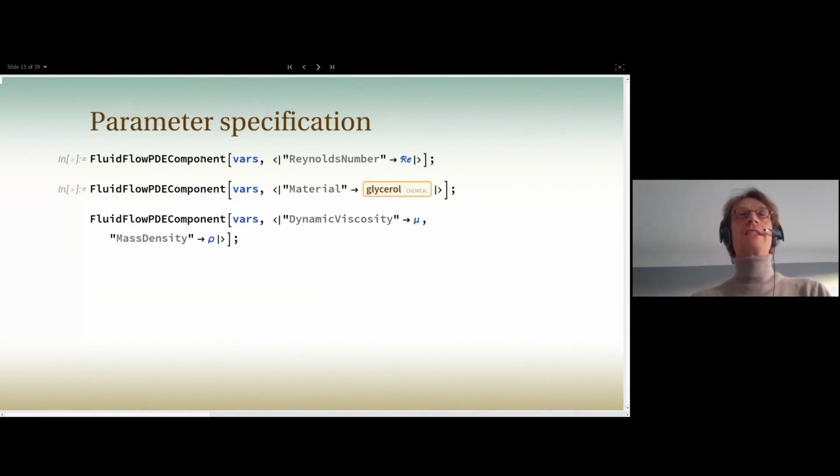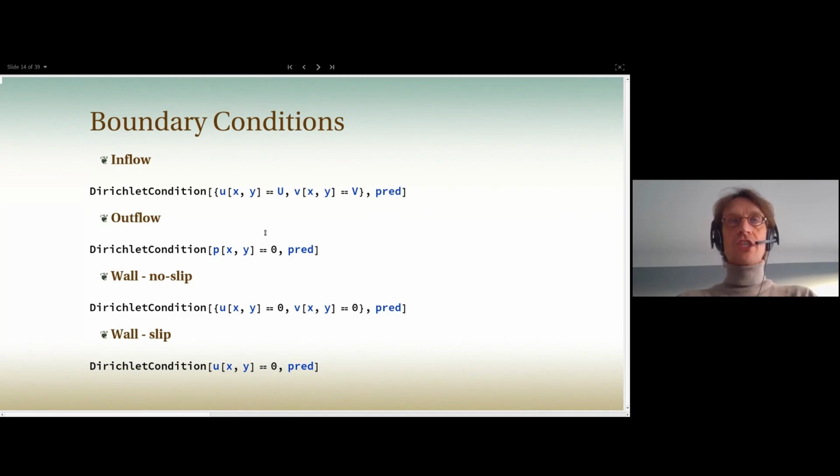Okay. Parameter specification. We've seen the Reynolds number. You could equally well say I have a specific material like glycerol here. This is an entity, or you can specify the dynamic viscosity and the mass density manually. All of these ways work. For boundary conditions, typically we have inflow conditions.